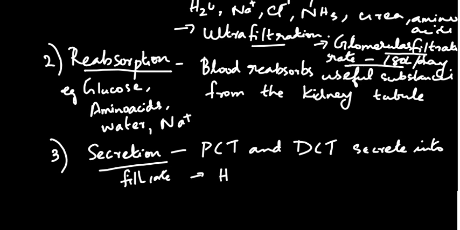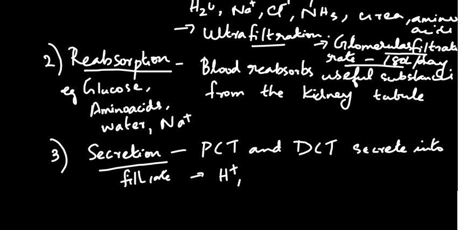These H plus ions are formed as a result of respiration, where carbon dioxide combines with water in the presence of carbonic anhydrase and forms carbonic acid. Carbonic acid later splits to form carbonates and H plus ions.